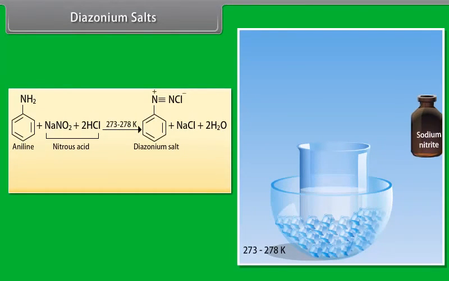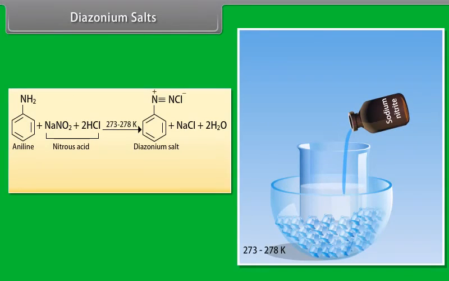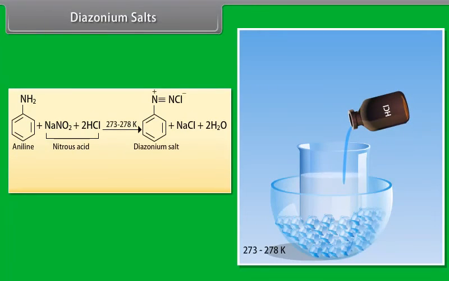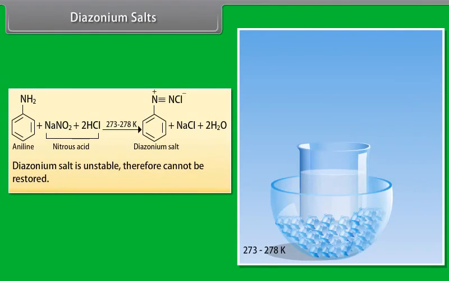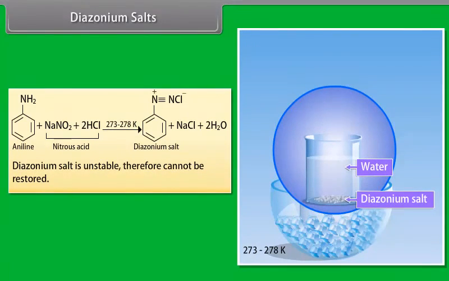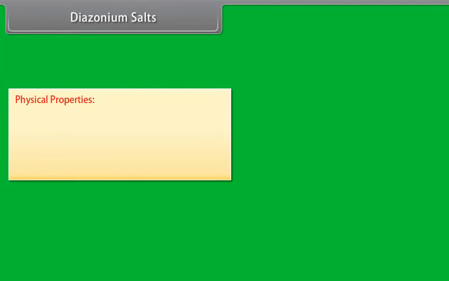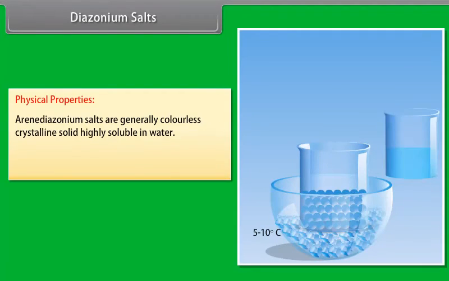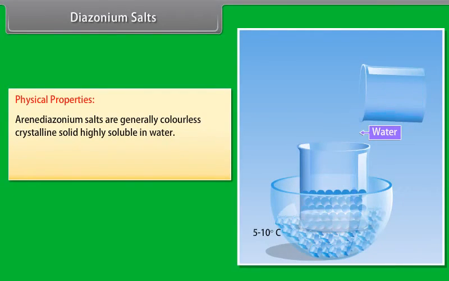Diazonium salts. The general formula of diazonium salt is RN2+X-, where R stands for aryl group and X- is chloride ion, bromide ion, hydrogen sulfate ion, or tetrafluoroborate ion. The N2+ group is called diazonium group.